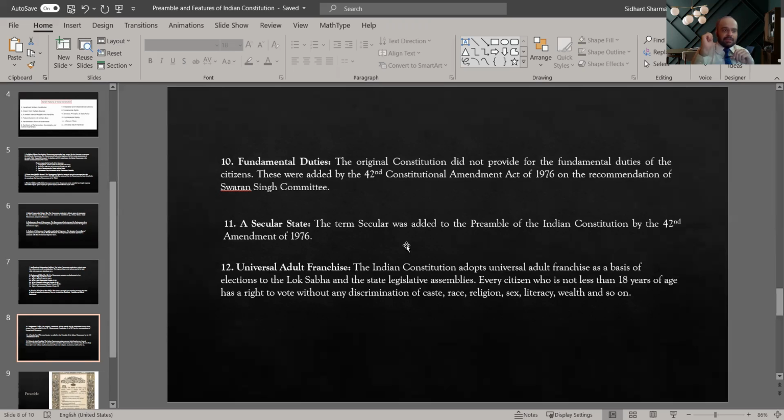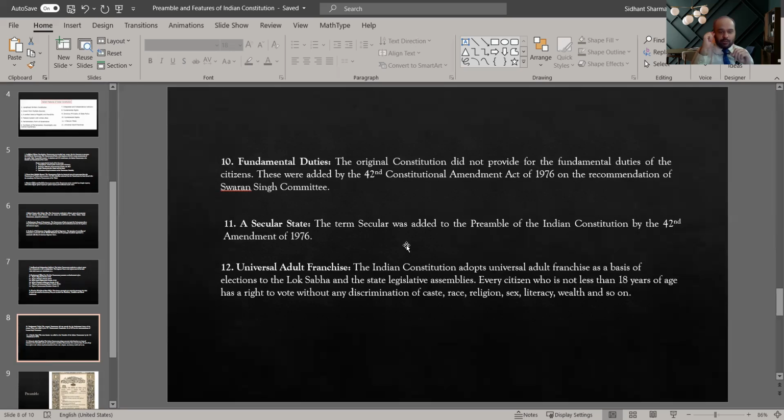Moving to the next feature and the last feature that I have in my list is universal adult franchise. Now, what do you understand by universal adult franchise? Every citizen of the country, irrespective of religion, caste, creed, race, place of birth, has a right to vote. Right to vote in a state legislature, right to vote in Lok Sabha.